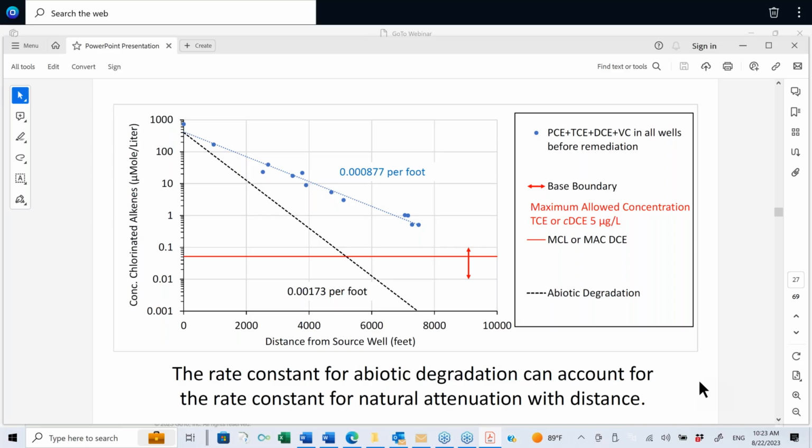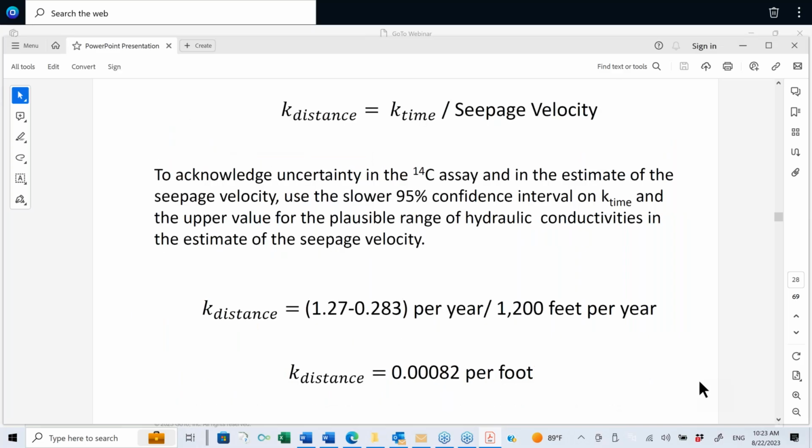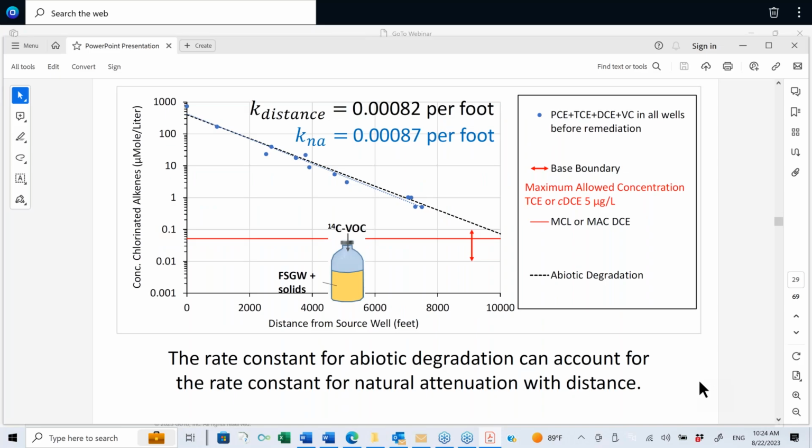The whole thing can be explained fully by the ability of something in that aquifer sediment to degrade cis-DCE, in this case, by transforming it to polar product. With this particular set, we can do an analysis of the 95% confidence interval on that distance rate constant extrapolated from the Clemson microcosm. We can say even at a 95% confidence interval, the microcosm rate can explain a field scale rate.